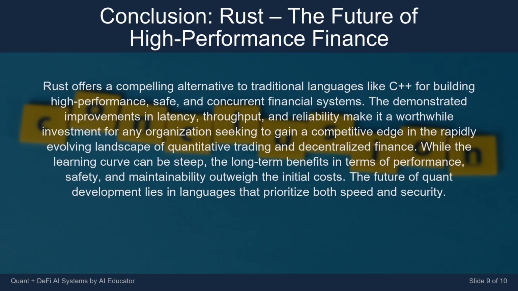While the learning curve can be steep, the long-term benefits in terms of performance, safety, and maintainability outweigh the initial costs. The future of quant development lies in languages that prioritize both speed and security.